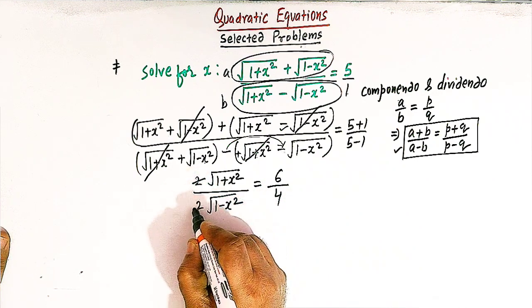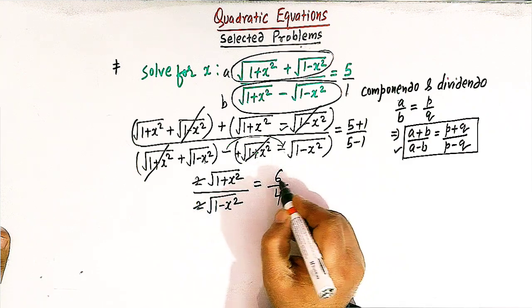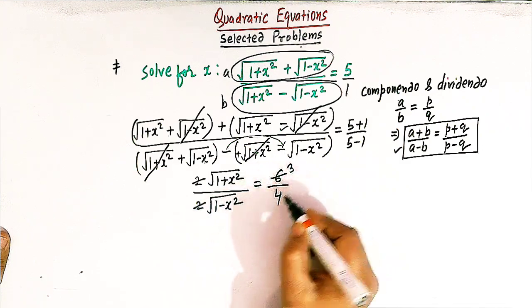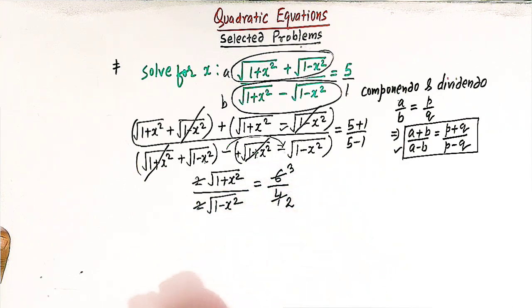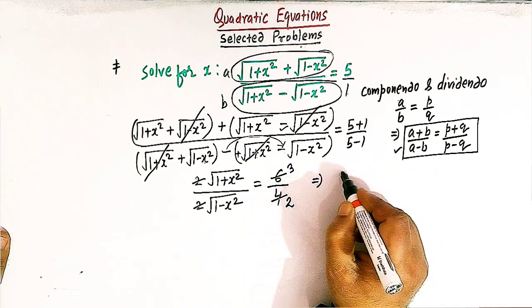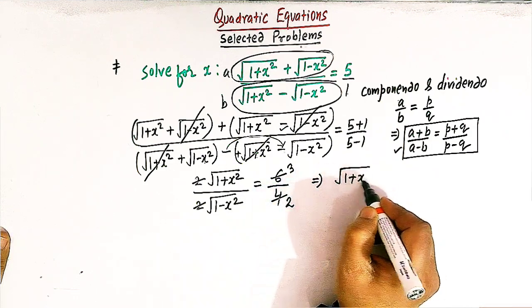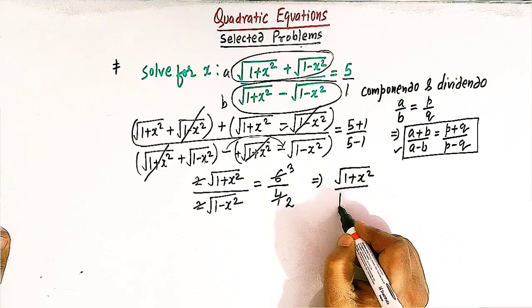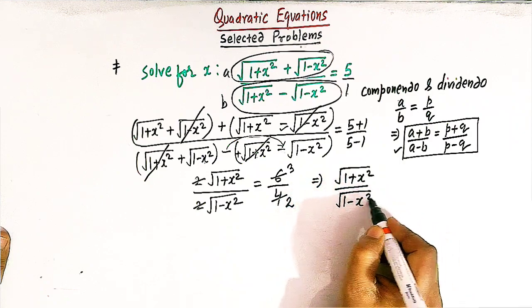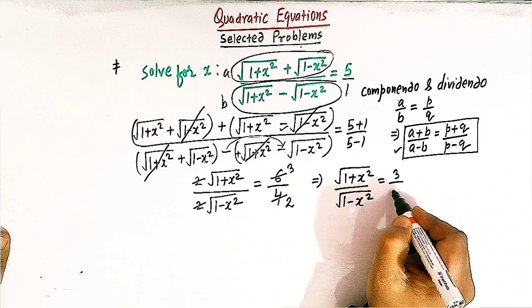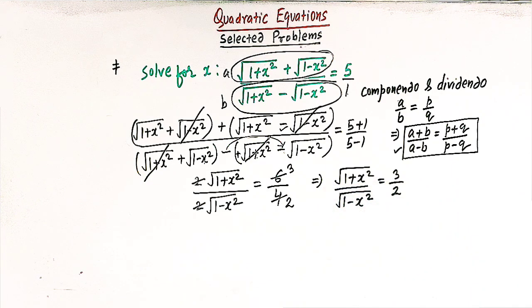So this 2 and this 2 get cancelled, and here 2 3s are 6, and 2 times 2 is 4. So now we have square root of 1 plus x square divided by square root of 1 minus x square is equal to 3 over 2.